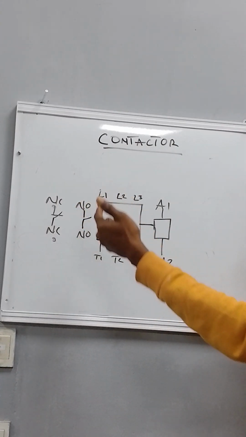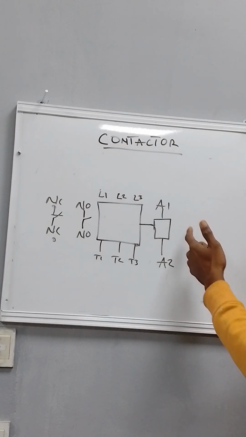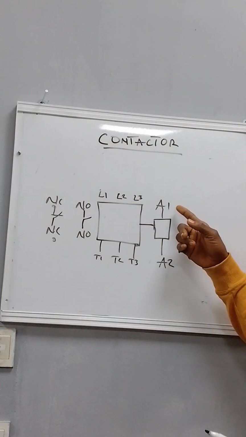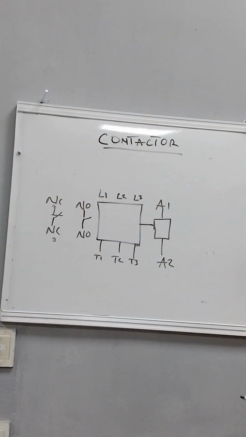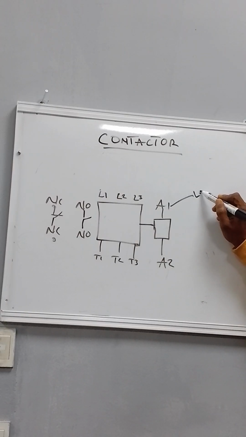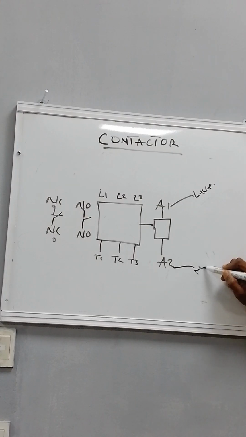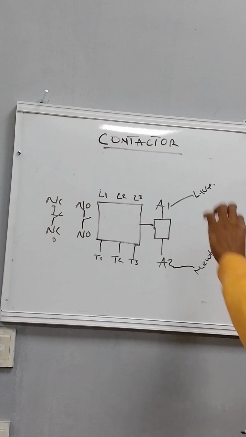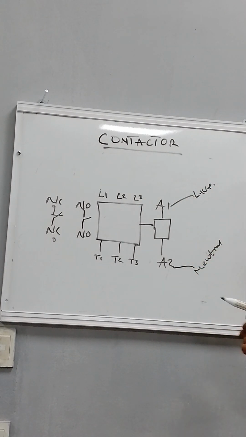When the continuity flows, it will energize the coil of the contactor. This coil we call A1, and here we call A2. On this side you can connect your live wire, and on this side you can connect your neutral wire. If you connect your live wire and neutral wire, automatically the contactor will be energized.